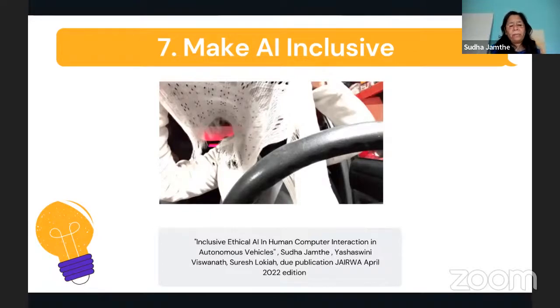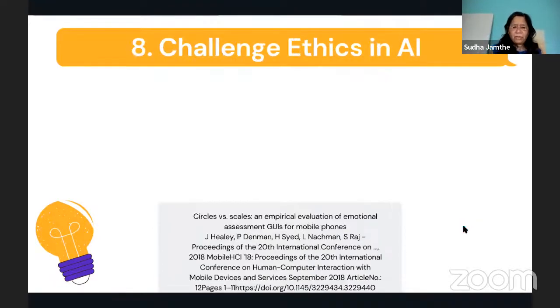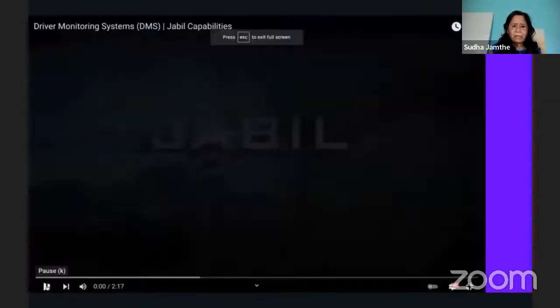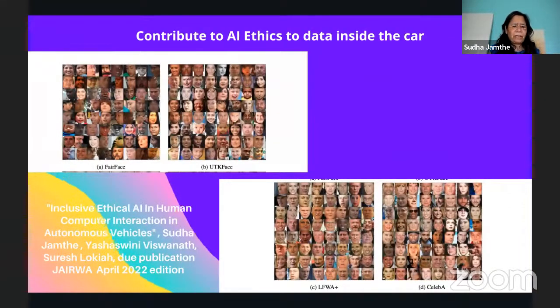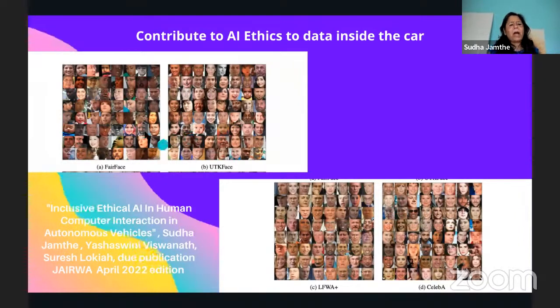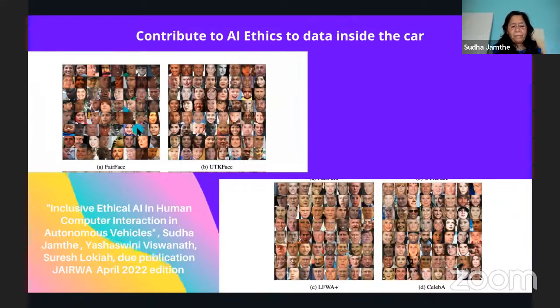So one of the first papers we did was to look at, I'm going to skip through this into a different sequence, the 4 different data sets that are common in this space. We looked at them and found this thing called Fairface, where they had taken existing data sets, augmented them with more data, and tried to make them more fair.